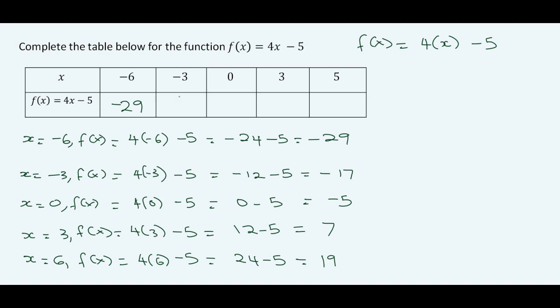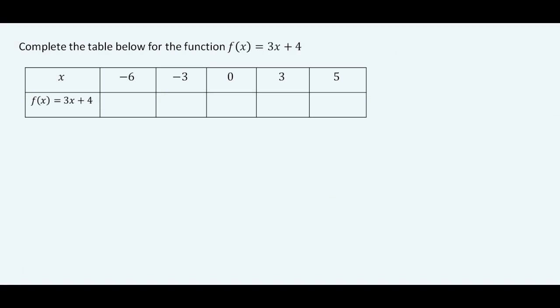So now we have -17, -5, 7, and 19. Let's look at one last example. Let's rewrite the function showing the parentheses for the multiplication. We have 3 multiplied by x plus 4.